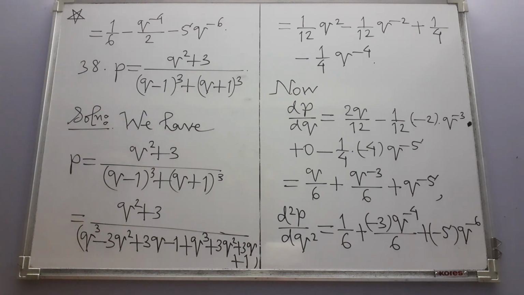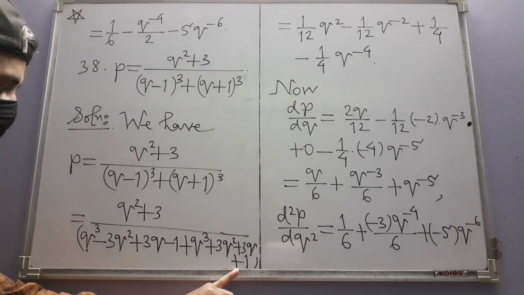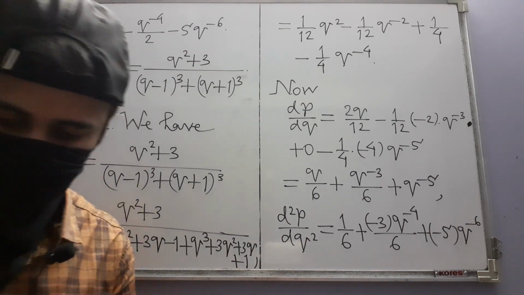This is the denominator. So after you do cancellation, what are the terms that we can cancel? Minus 3q square plus 3q square, minus 1 plus 1, the rest will stay.